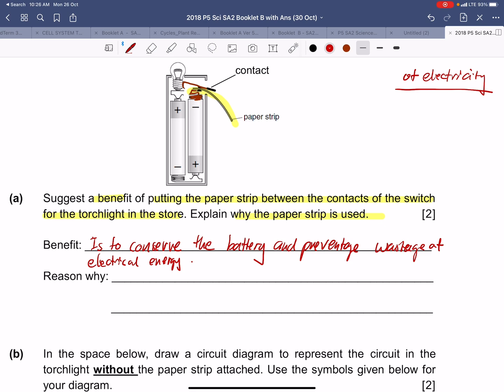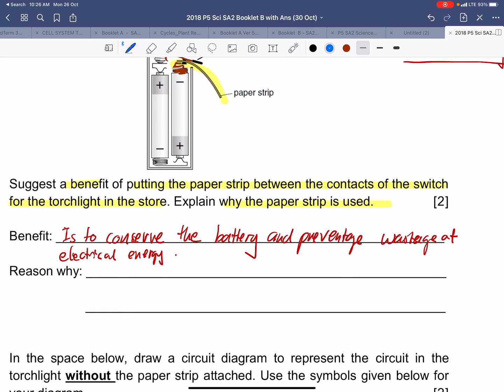So the first thing that I would say is that this paper strip is an insulator of electricity.